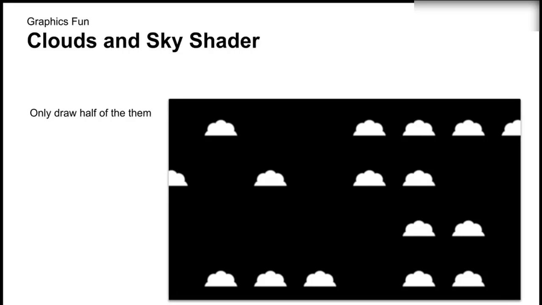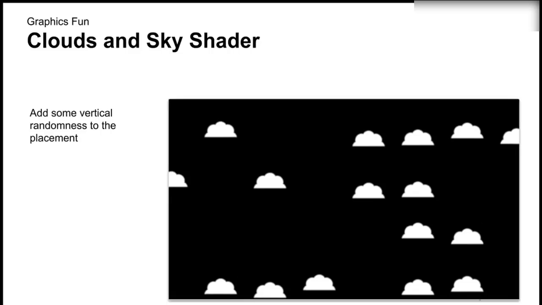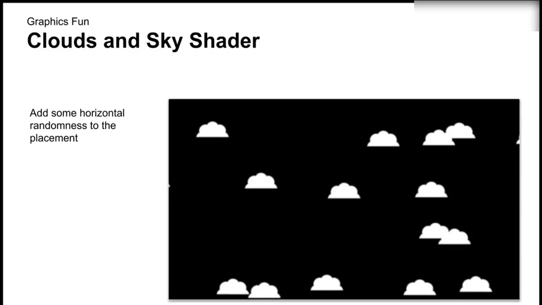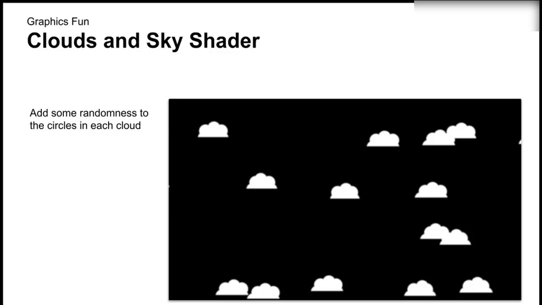So just randomly don't draw some of them, and then offset them vertically a little bit, and then offset them horizontally a little bit. And now all of a sudden, this starts to look like a sky with random drifting clouds. The next step is, instead of drawing all of the circles evenly spaced from 0 to pi, mess with them a little bit, change the radius, change the angle.